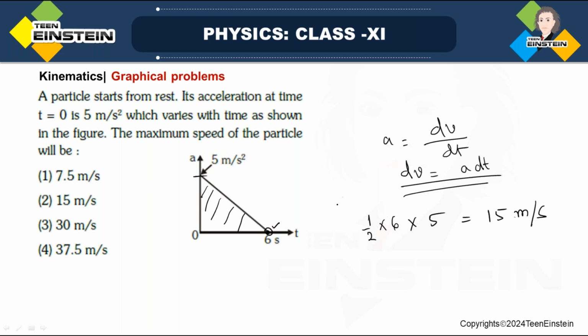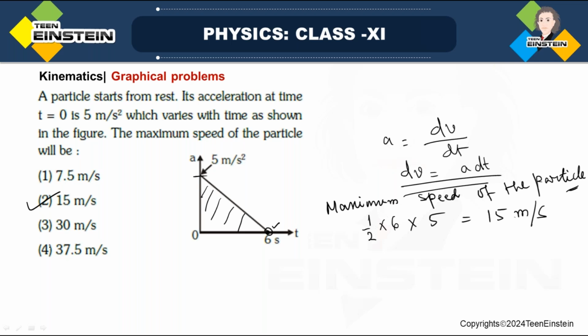This will be the maximum speed of the particle. So what we had to do was find the area under the curve. This is the answer. Option 2 will be the answer for this question.